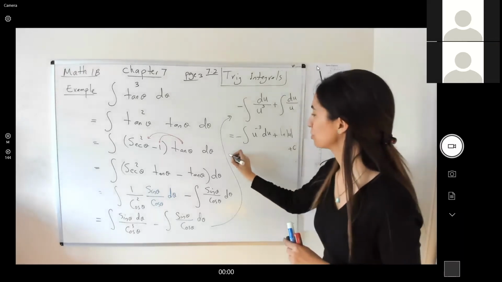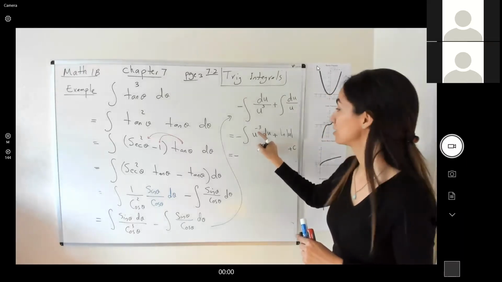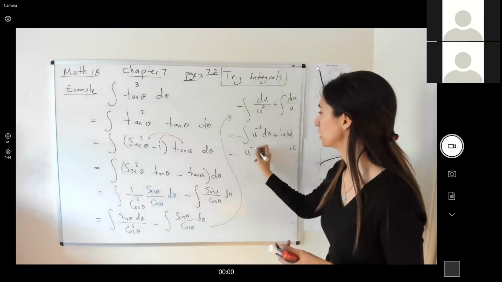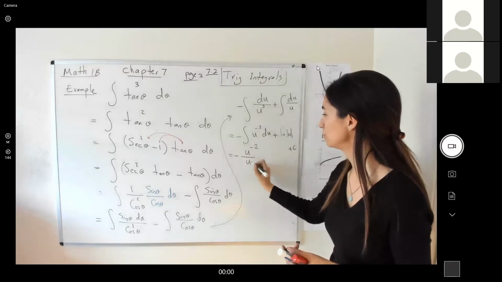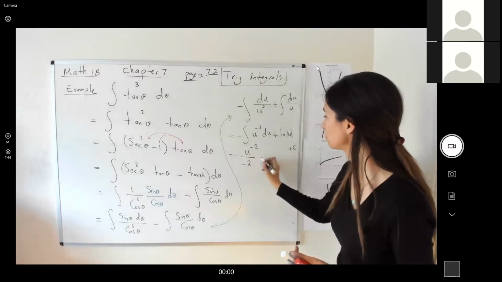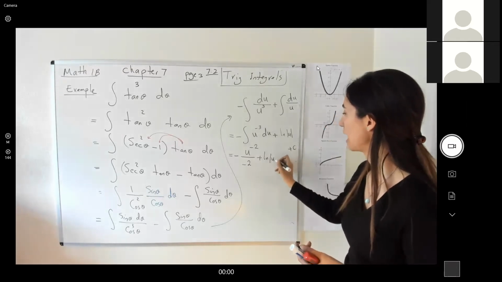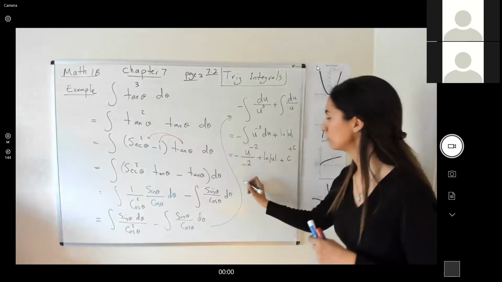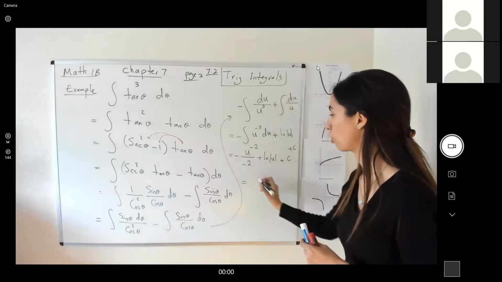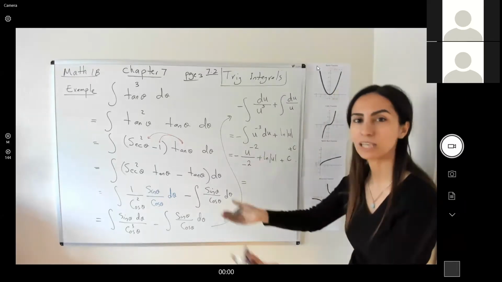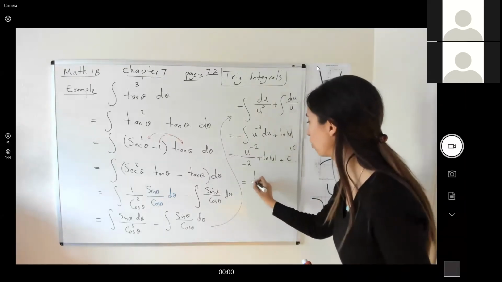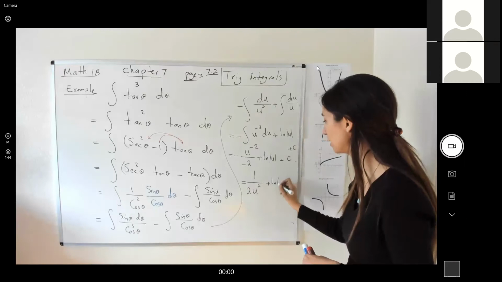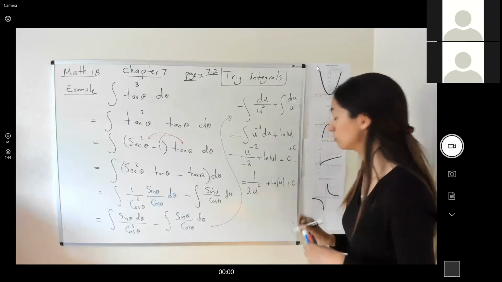The first integral can be written as minus, you add 1 to the exponent, which is negative 2, u to negative 2 divided by negative 2, plus ln of absolute value of u plus c. Negative and negative, you can cancel out these two signs, you get positive. U to negative 2 can be written in the denominator, you get 1 over 2u squared plus ln of absolute value of u plus c.